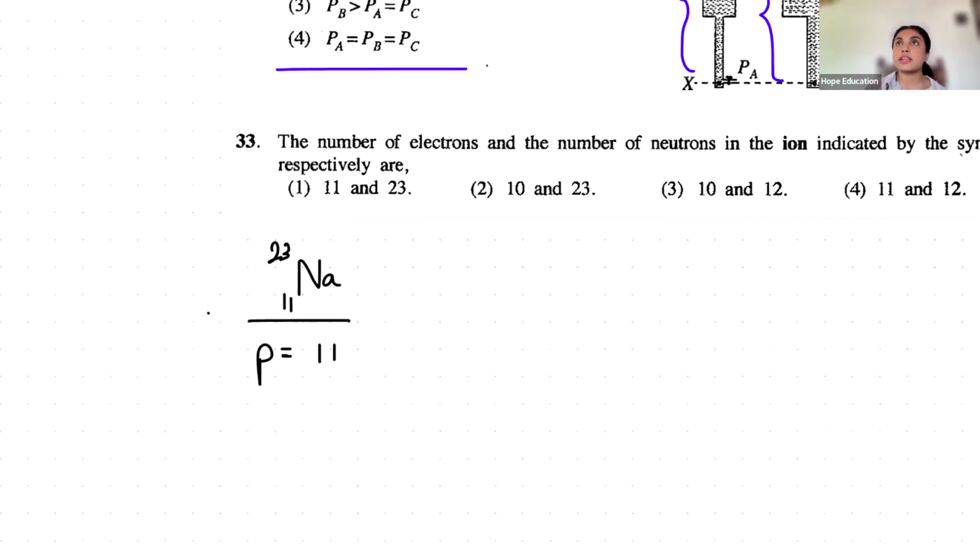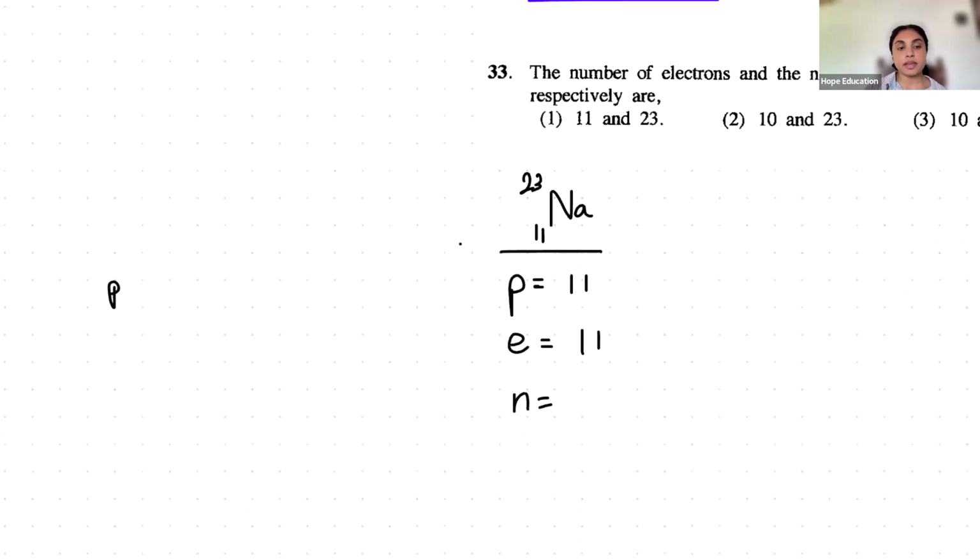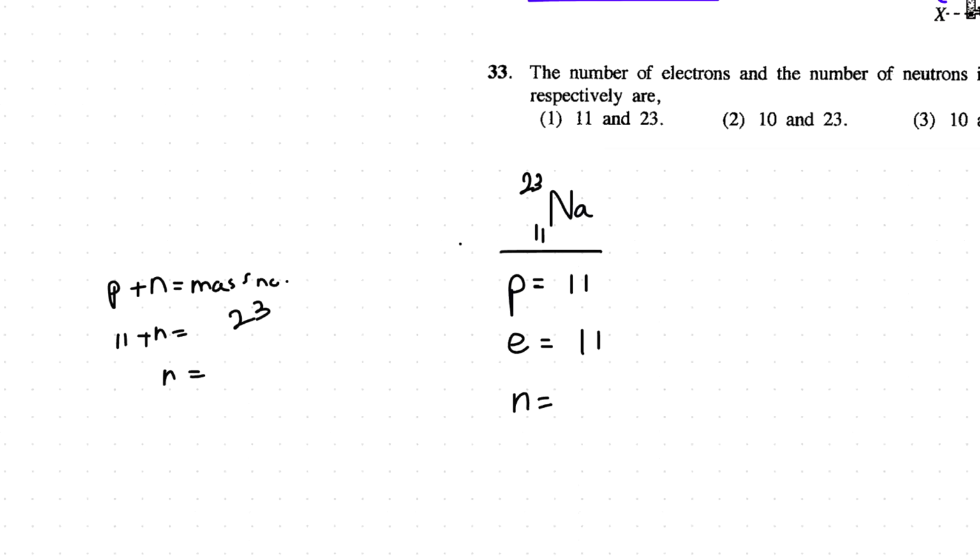And you know protons and electrons are equal, so electrons is also 11. How do we find neutrons? You know 23 is the mass number. Mass number is protons plus neutrons, right? Here the mass number is 23, protons are 11, so you can find the neutrons. So neutrons would be 23 minus 11, that would be 12. And neutrons is 12.